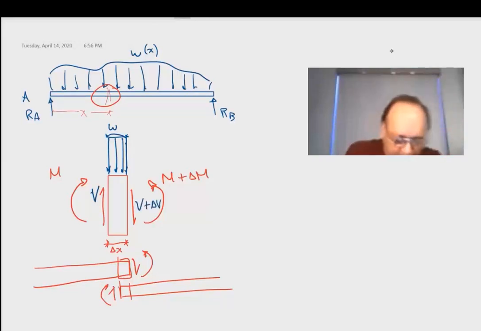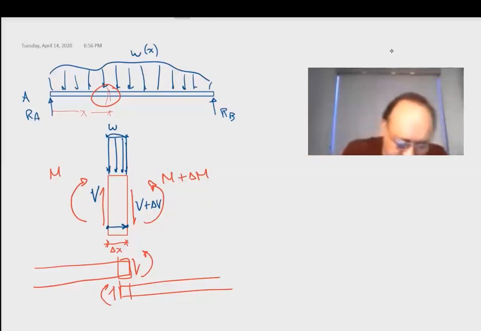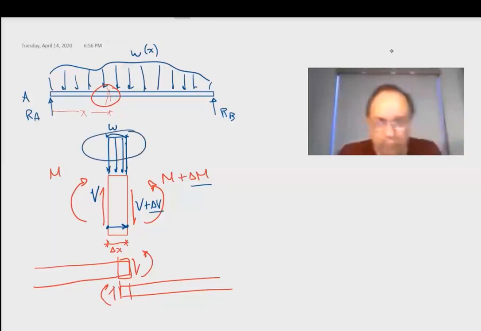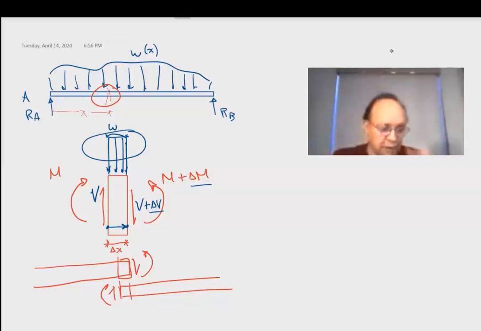That means that if the shear is a value here, we can expect that as we move to the right, the shear has changed a little. The change in the shear is going to be delta V, and the change in the moment is going to be delta M. Because there is some loading, it's expected that the shear is changing and the moment is changing.